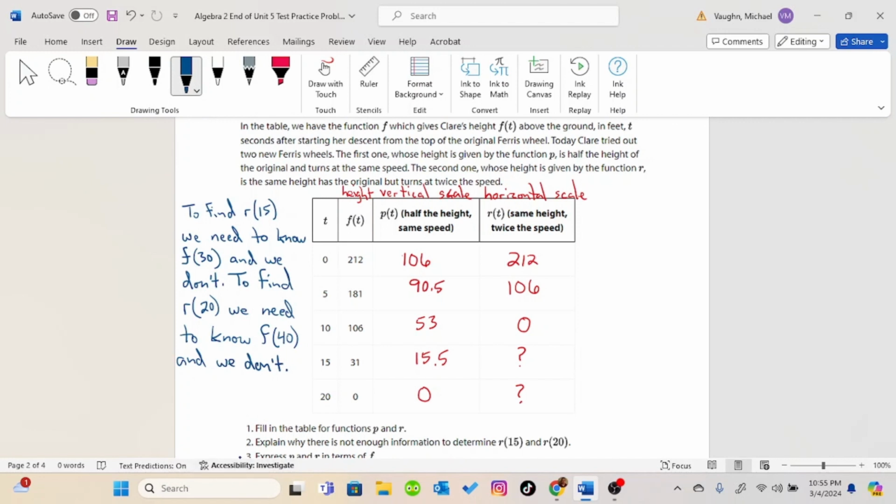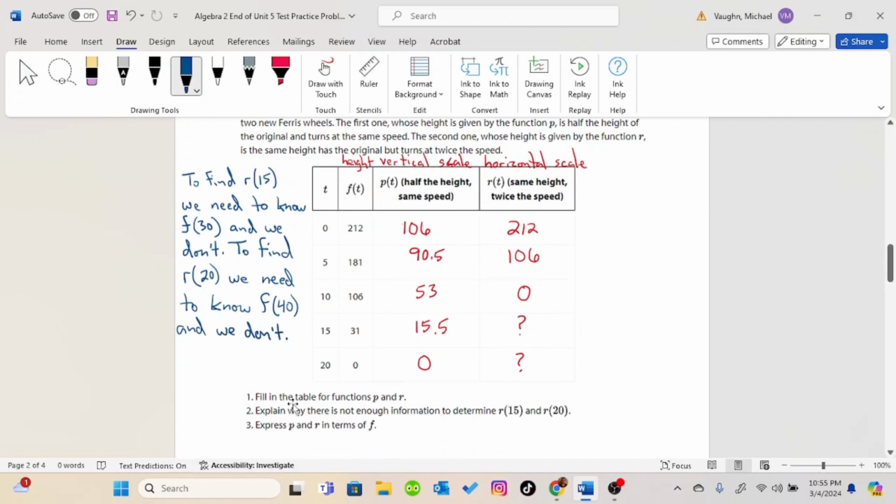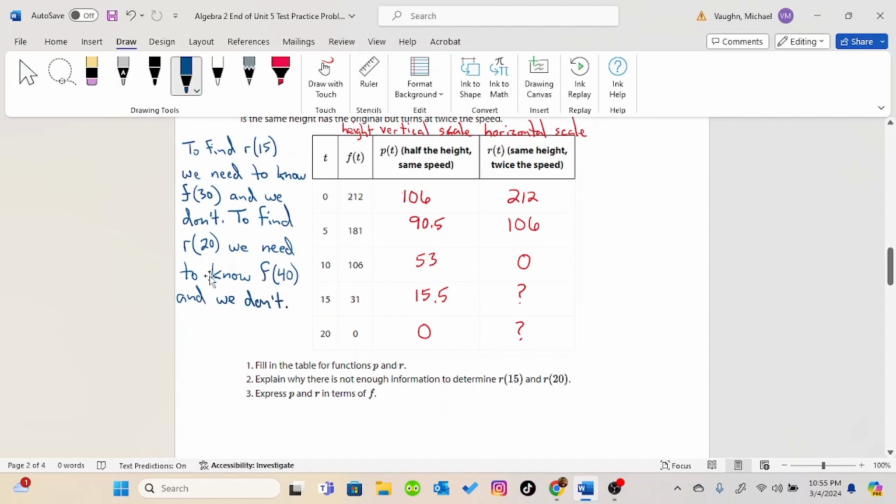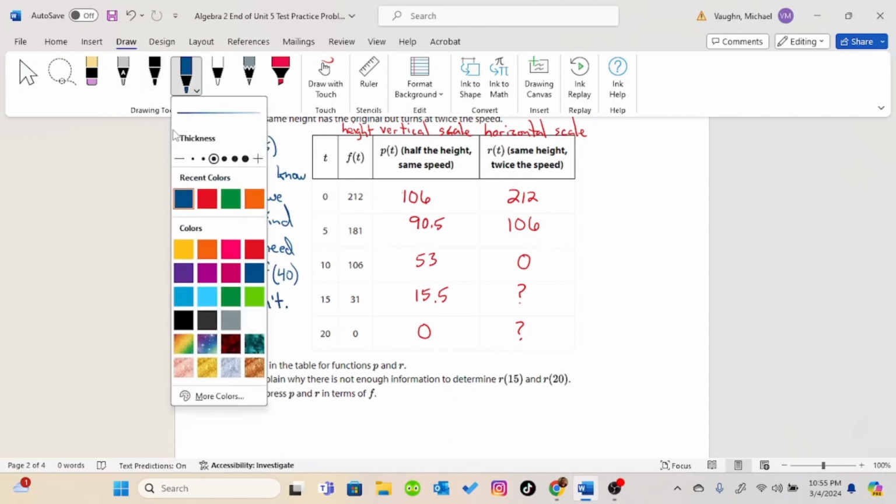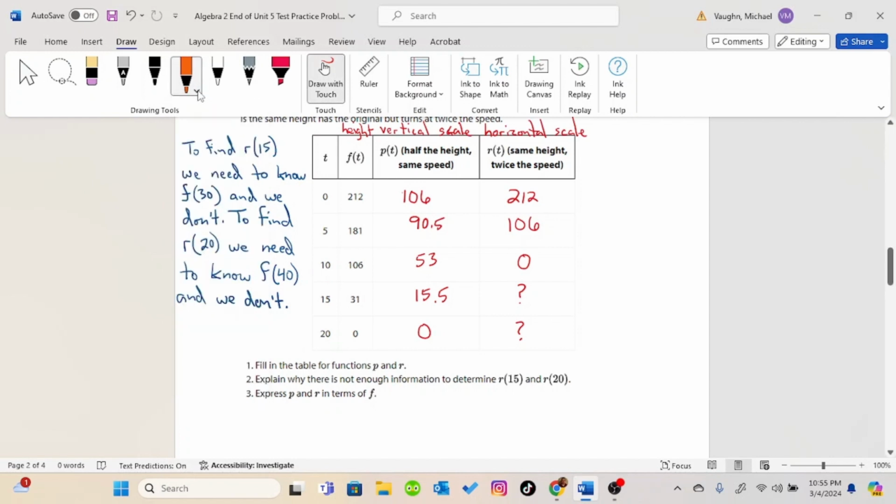And number 3, express P and R in terms of F. So P of T, we said this was a vertical scaling. It's half the height.